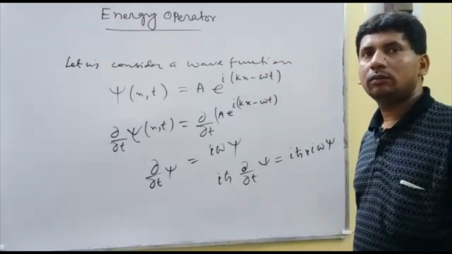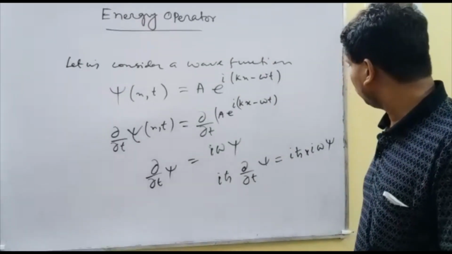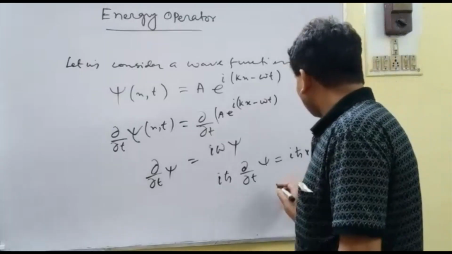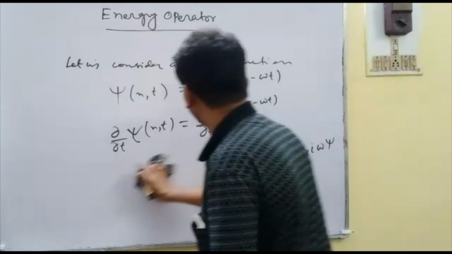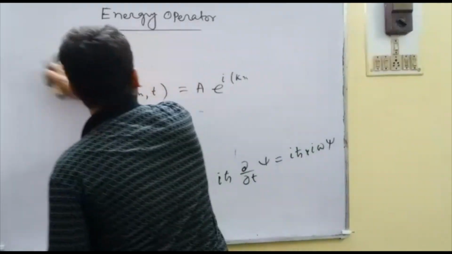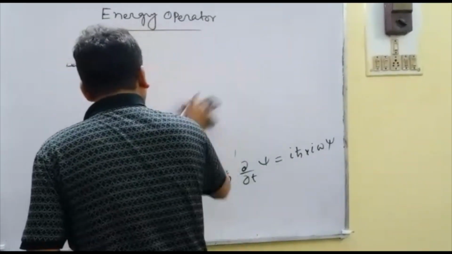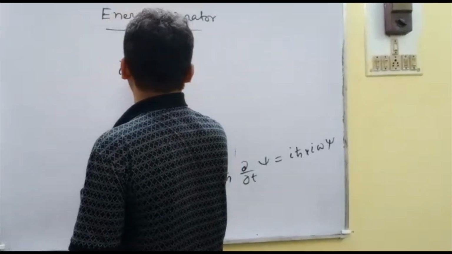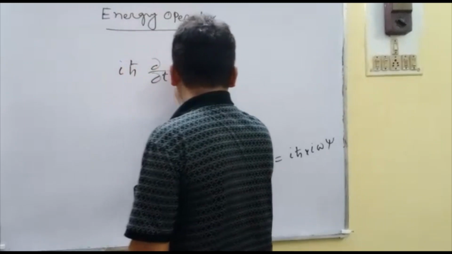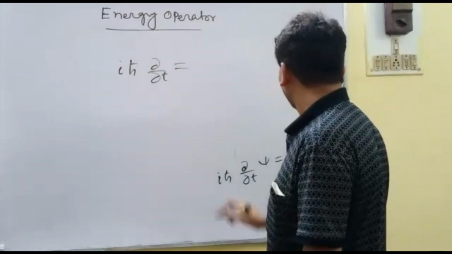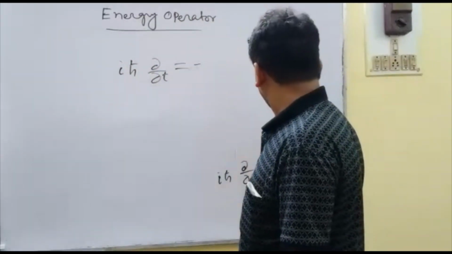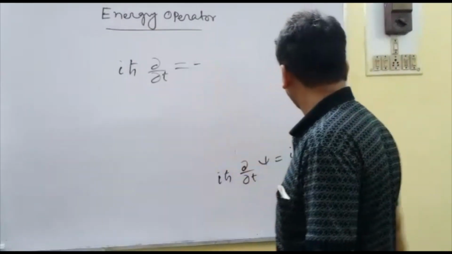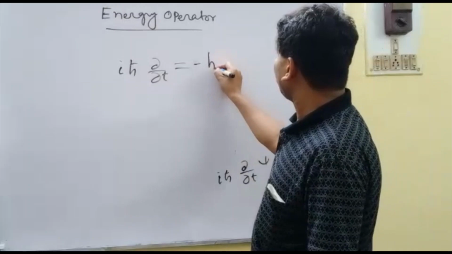So i a squared del t equals i squared, that is minus 1, a squared omega.